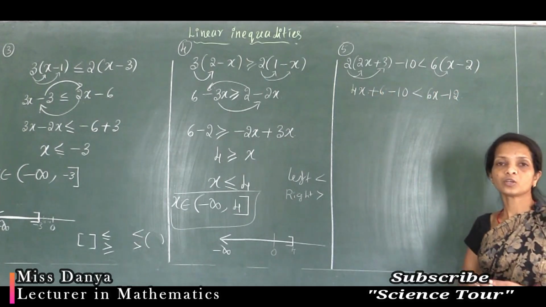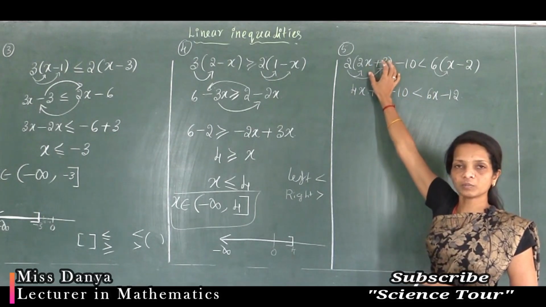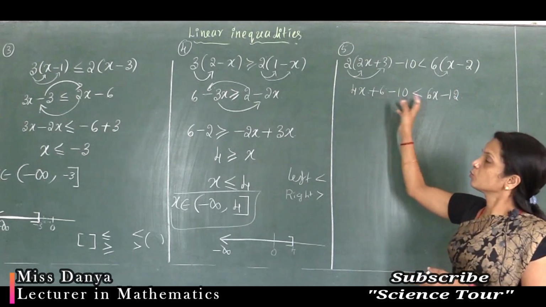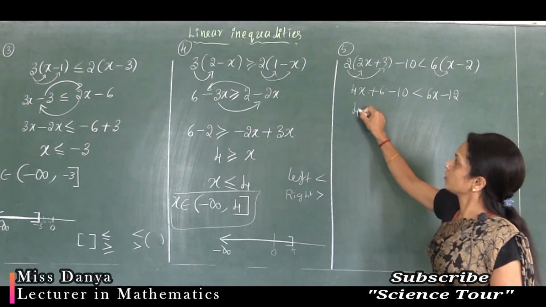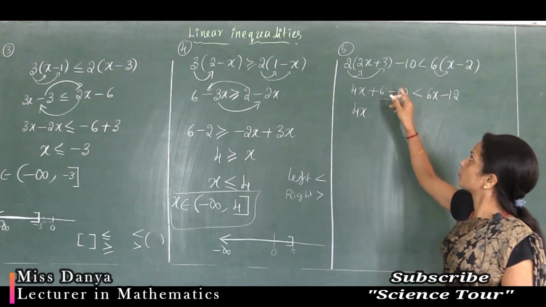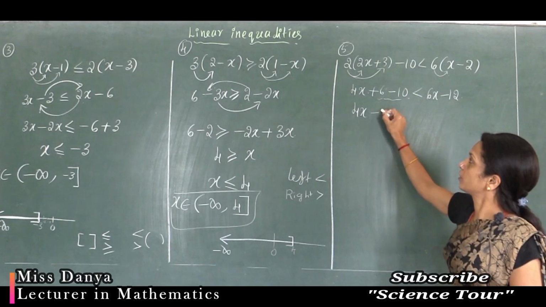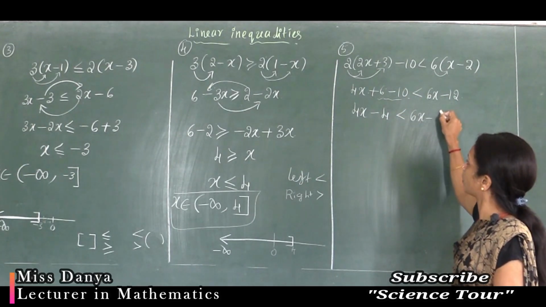Outside number you have to multiply to all terms inside the bracket. So that we did here, and you simplify this expression a little bit. 4x, because here you have two numbers, so for that reason you simplify this one. 6 minus 10, that is minus 4, and less than symbol, 6x minus 12.